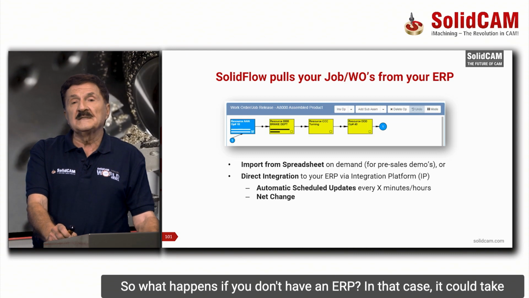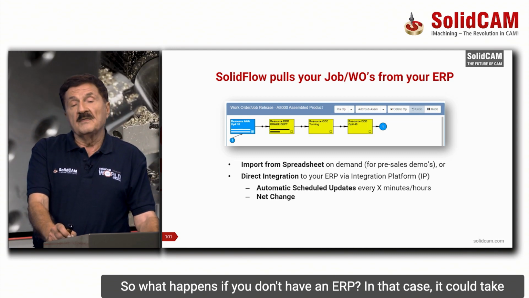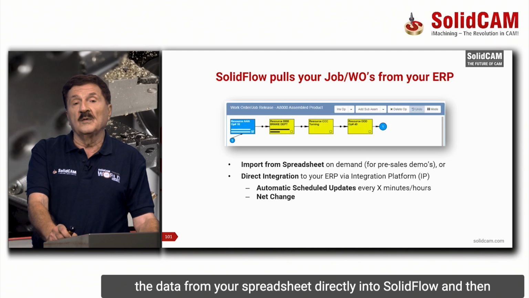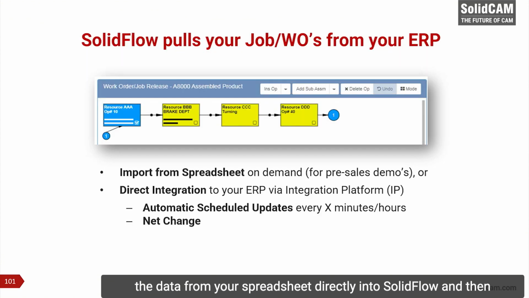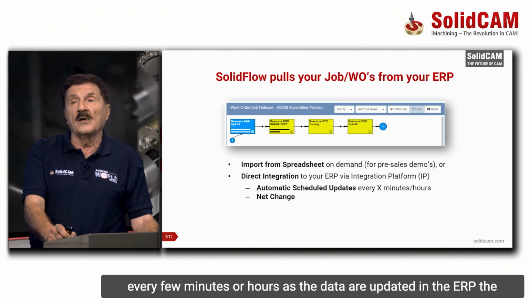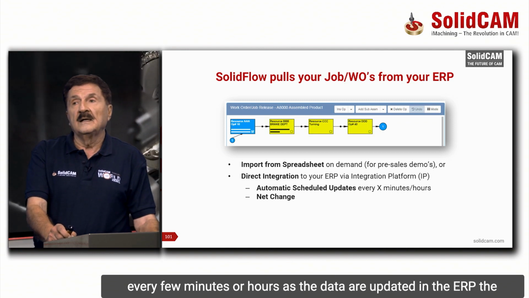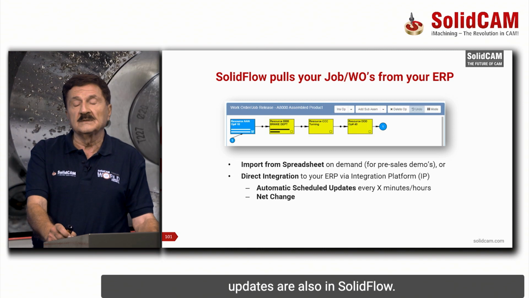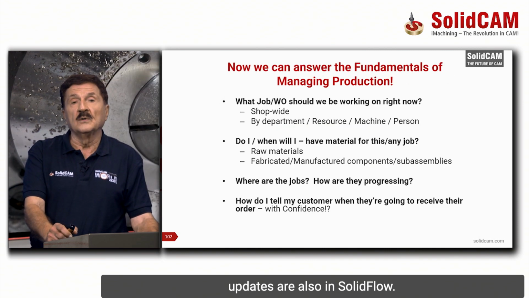So what happens if you don't have an ERP? In that case, it could take the data from your spreadsheet directly into SolidFlow and then continue to manage it through SolidFlow. But if you have an ERP, you can get a direct integration to your ERP via something called the integration platform, and you get automatic scheduled updates every few minutes or hours. As the data are updated in the ERP, they are updated also in SolidFlow.